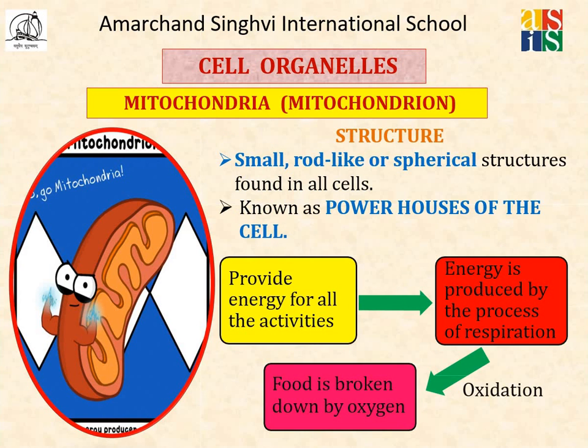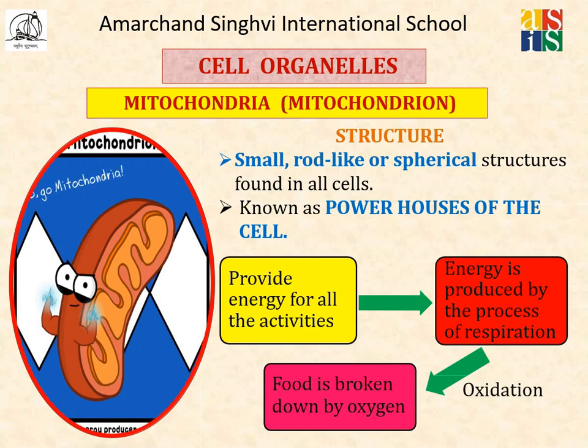Let us take up the first cell organelle, mitochondria. Mitochondria is a small rod-like or spherical structure found in all the cells. It is responsible for producing energy which is then used for carrying out the different activities of the cell. So mitochondria is known as the powerhouse of the cell.